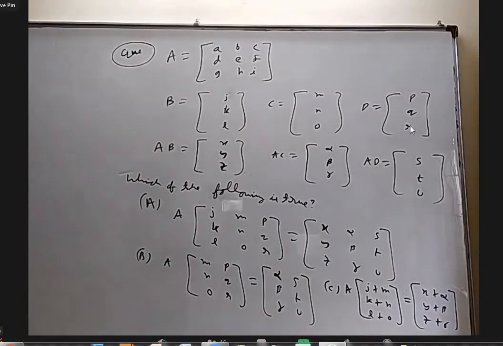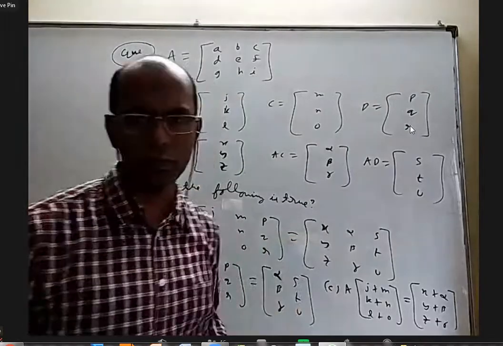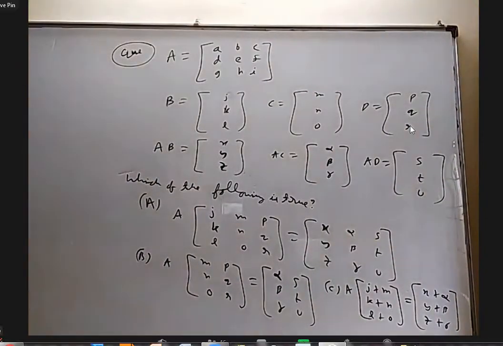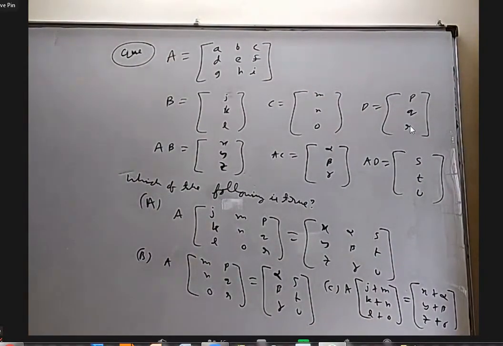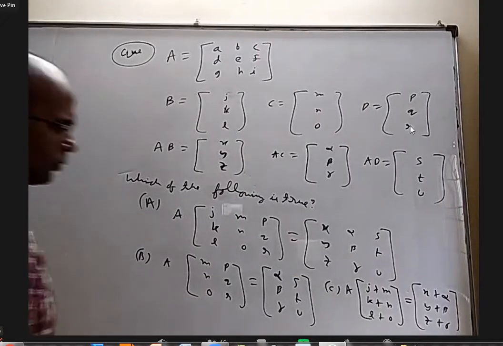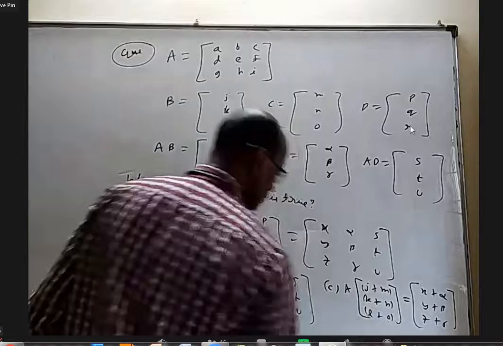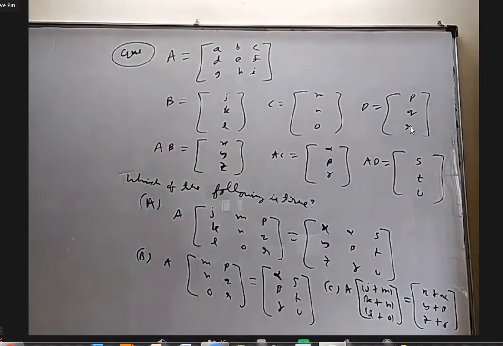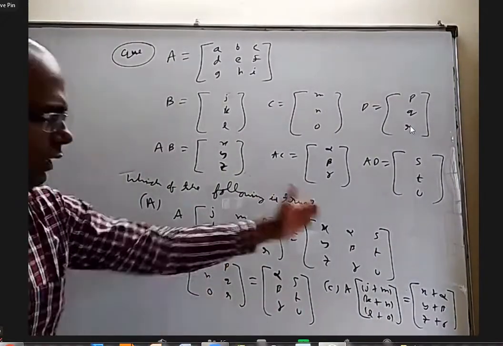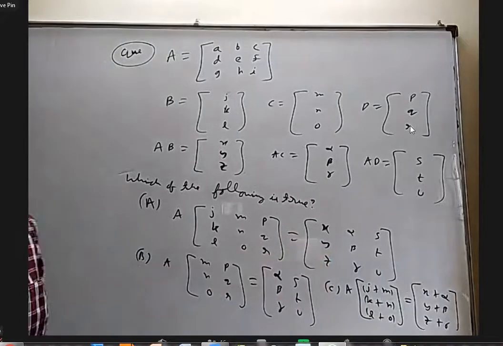Here is a 3 by 1 matrix. This J plus M together is one element. So, sir, in all the options, A is multiplied. Yes, correct. A is multiplied with a particular matrix, and we are telling this is the answer. Is it right?